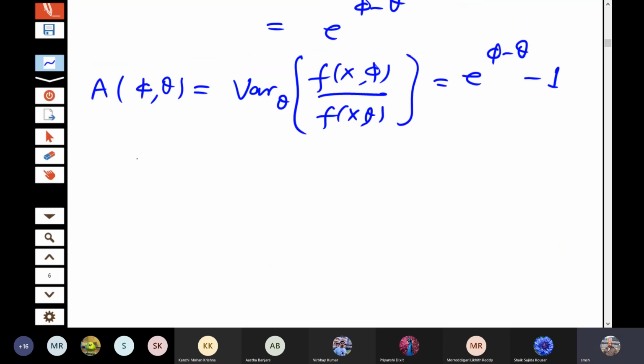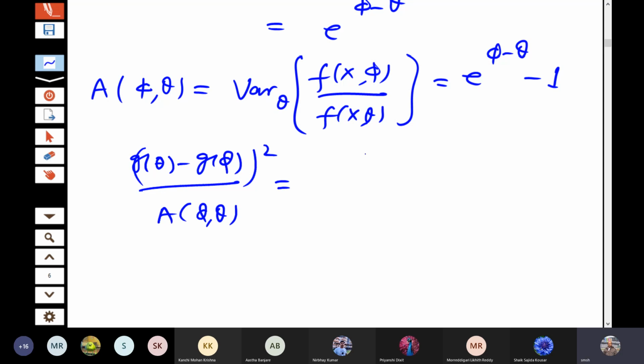So we need to write g theta minus g phi whole square divided by a phi theta, that is equal to phi minus theta square divided by e to the power phi minus theta minus 1. Here phi is greater than theta.